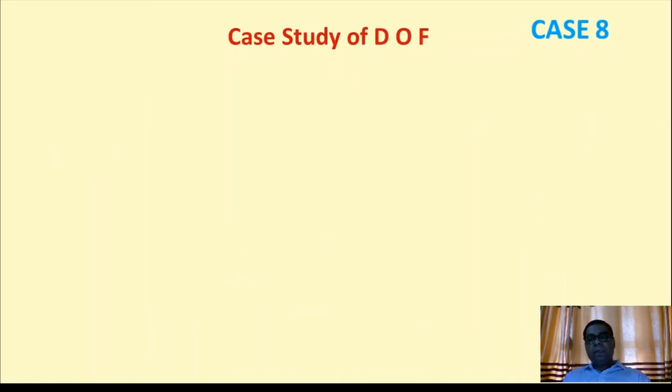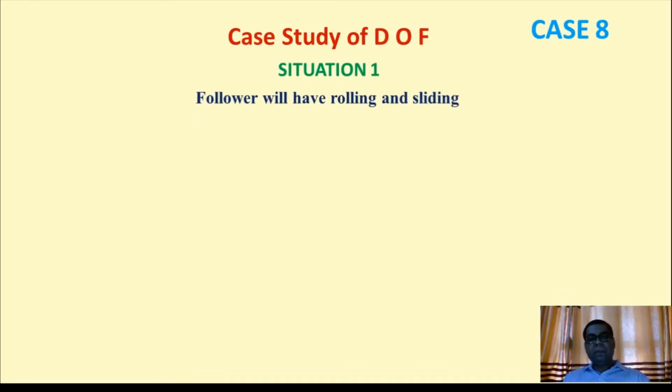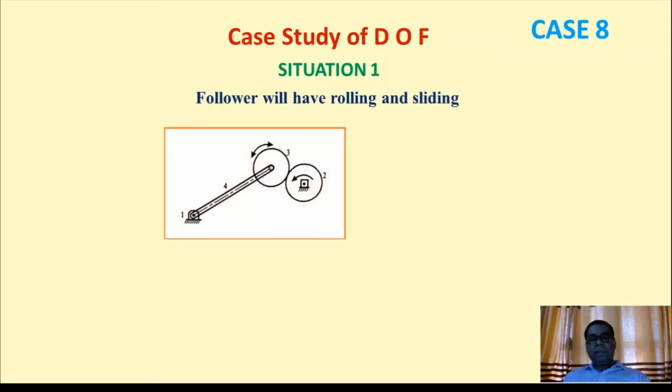Now we proceed to the last situation, that is case 8. There are 3 different criteria of this particular problem. Perhaps you have gone through it. It is a kind of cam follower system. Now there are 3 possible situations of this system. In the first, the follower will have both rolling and sliding motion.